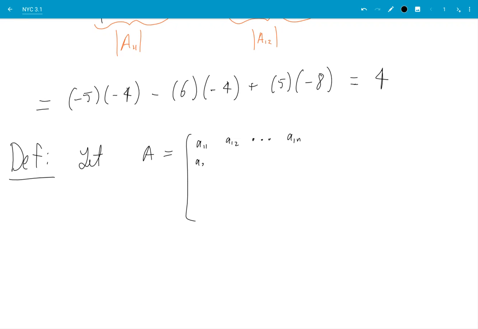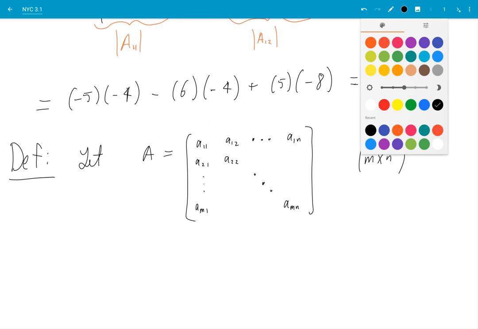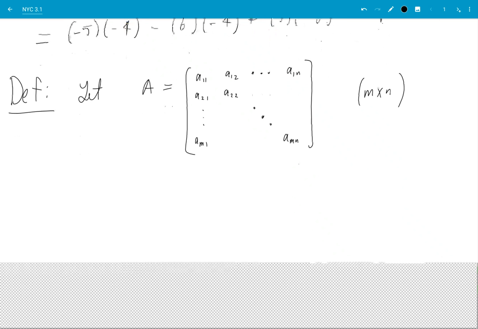Then I have A21, dot dot dot, AM1, A22. So this is an M by N matrix, sometimes called a generic M by N matrix. How do I find a determinant of such a thing?